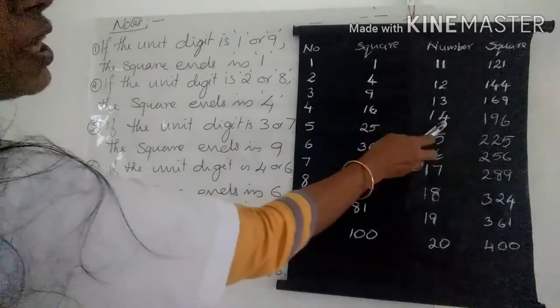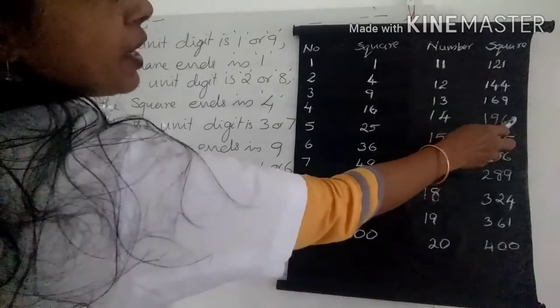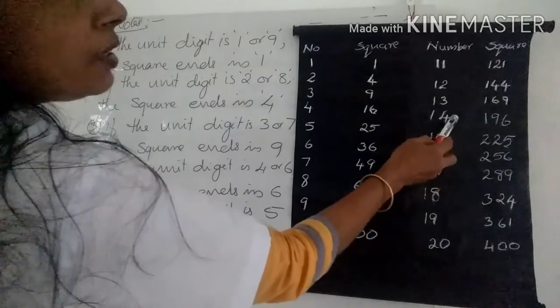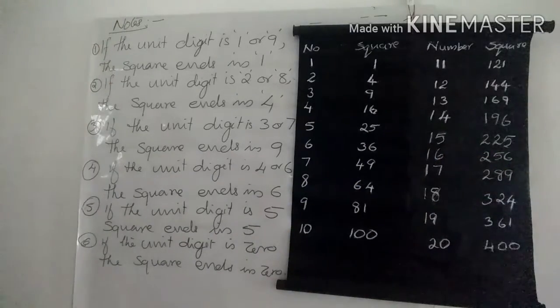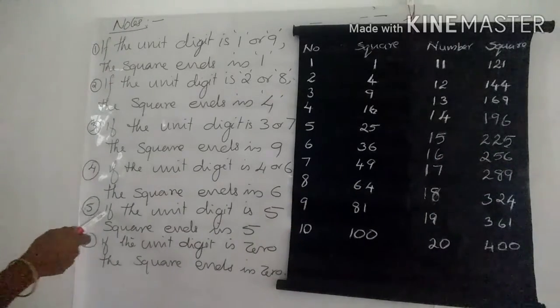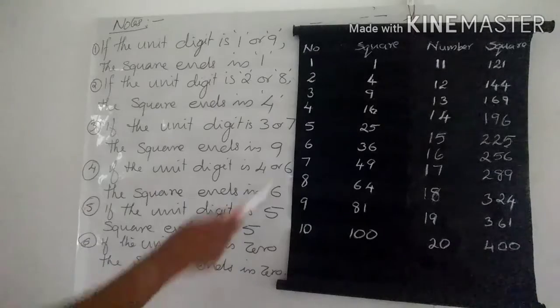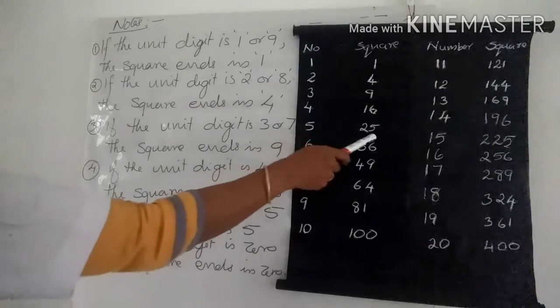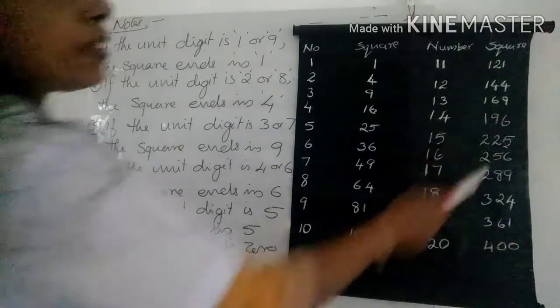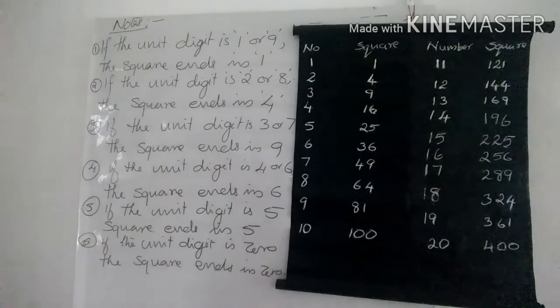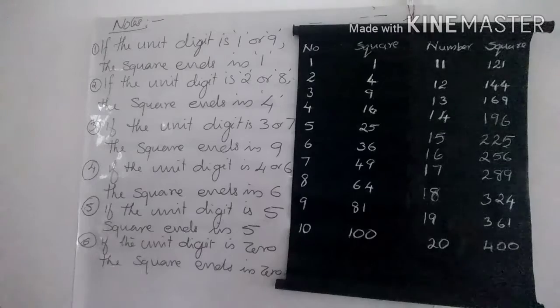Here also 14 and 16, the square ends in 6. Next, the fifth: if the unit digit is 5, the square ends in 5 itself. 15, the square ends in 5. So if the unit digit of a number is 5, the square ends in 5.